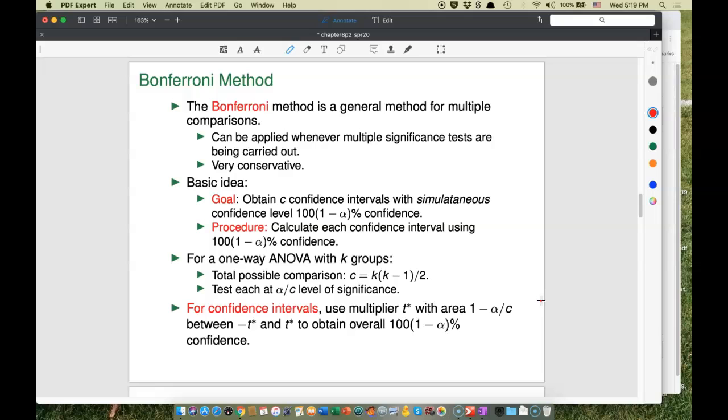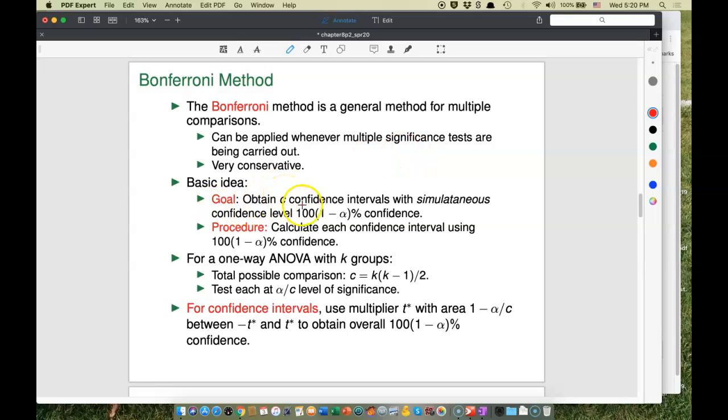It could be used if you were computing lots of correlation coefficients, or if you were doing lots of regressions. It's a very general philosophy, so it tends to be conservative because it's not optimized for the particular setting of comparing k groups with a particular assumption of the data being normal. So it can be applied whenever multiple significance tests are being carried out.